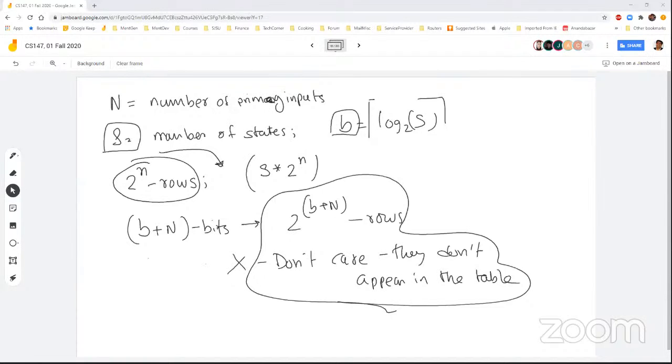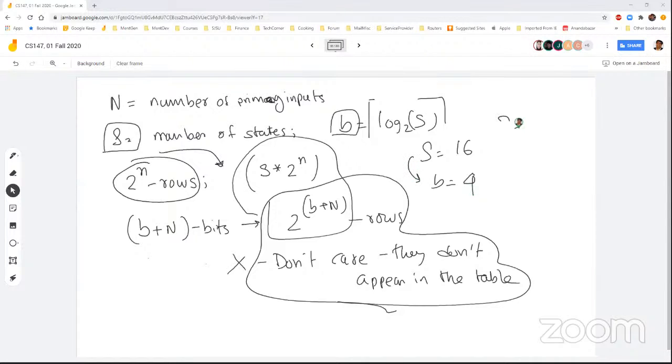Sorry, Professor. So the result from 2 to the power of B plus N is equivalent to S times 2 to the power of N? Not really, unless you have don't cares in your terms. Let's say your S equals 16, then these will hold together, right? Then they are equivalent, because B equals 4 in that case.